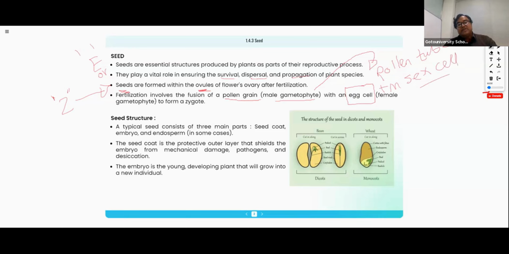The male sex cell or male reproductive cell, after interacting with the egg cell, makes the zygote, which is nothing but a developing embryo. So the zygote or developing embryo is obtained because of the male sex cell fusion along with the female sex cell or egg cell.